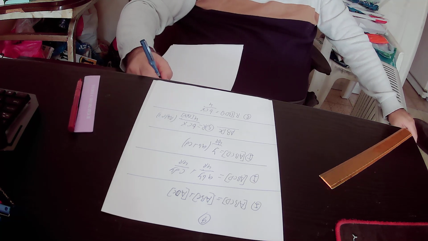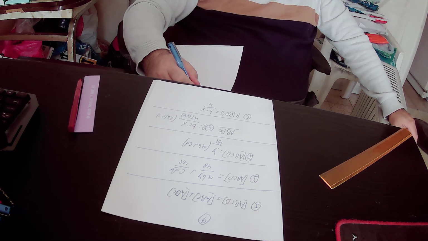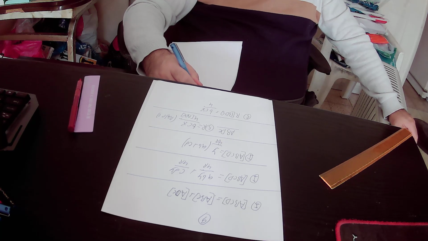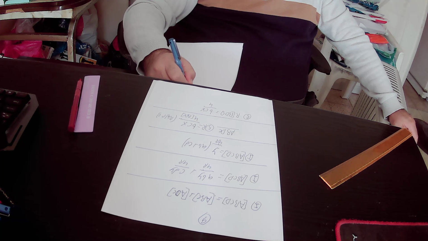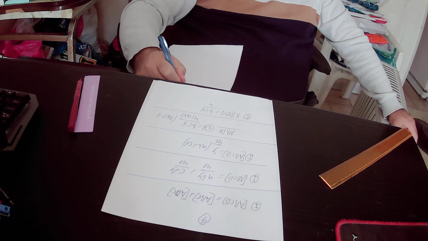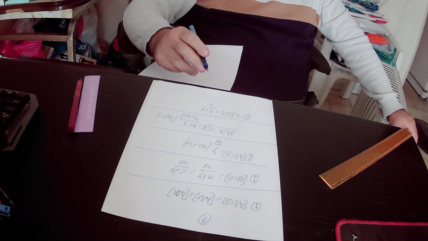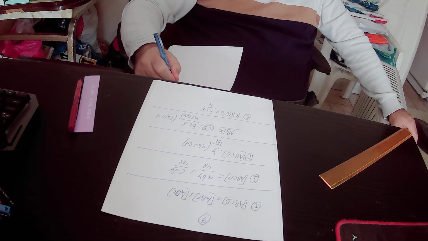So according to equation number 5, the area of triangle BDC will be equal to BCX over 4R.